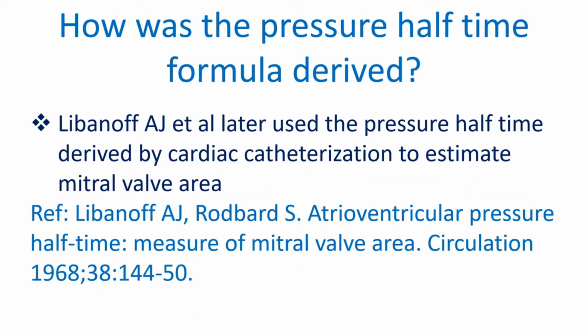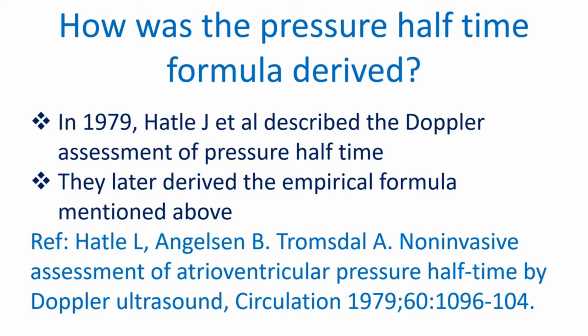Libanoff et al. later used the pressure half-time derived by cardiac catheterization to estimate mitral valve area. In 1979, Hartley J. and colleagues described the Doppler assessment of pressure half-time. They later derived the empirical formula mentioned above.